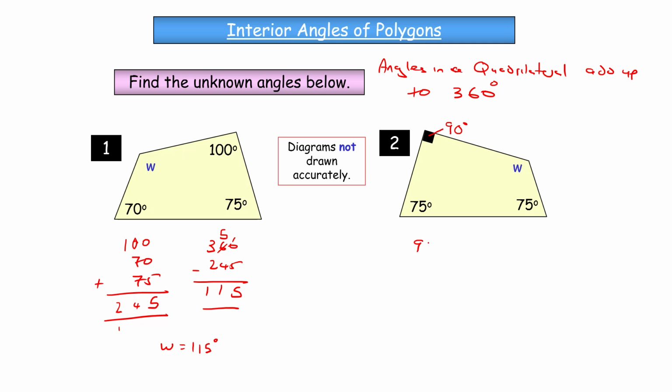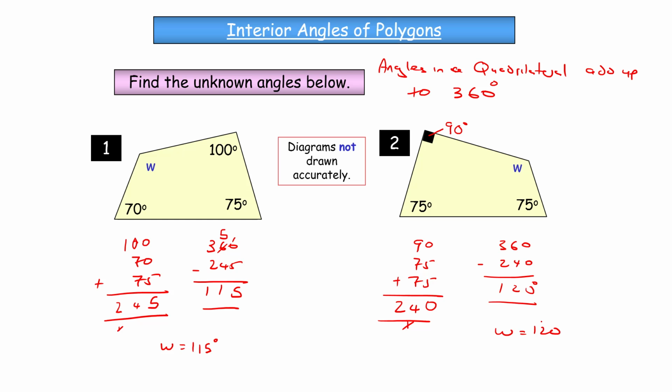So let's add up what we know: 90, 75 and 75. 5 add 5 is 10, 0 carry 1. 9 add 1 is 10, plus 14 is 24, so 240. Let's cross off the 1 at the bottom there. Oops, forgot to cross that one out. And then I do 360, take away 240, and that leaves me with 120 degrees. So here W equals 120.